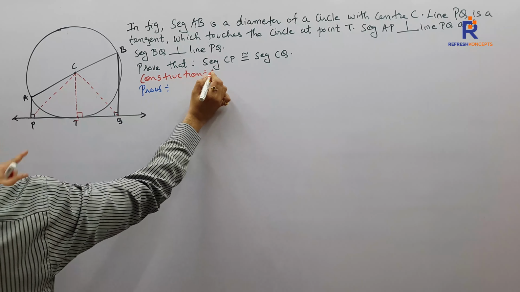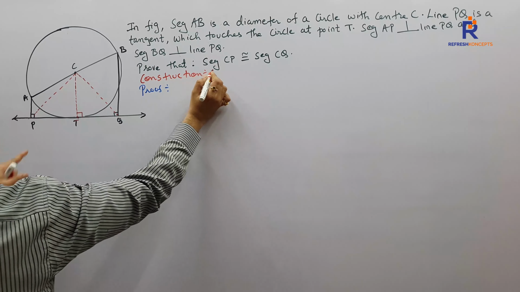Children, AP is perpendicular to PQ, CT is perpendicular to PQ, BQ is perpendicular to PQ. Why CT? Because, as I stated right now, radius is perpendicular to tangent. Can I say all these, AP, CT and BQ, are perpendiculars drawn onto the same line?